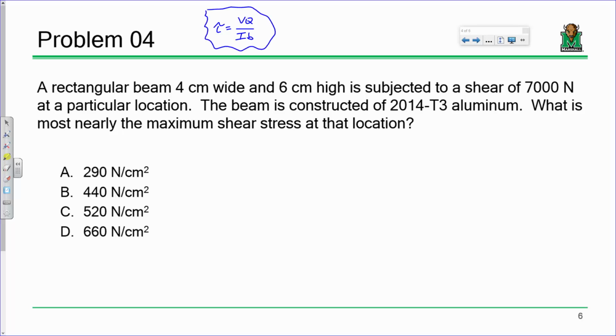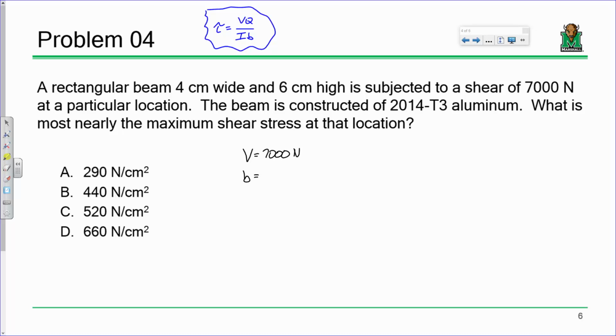Now, most of this is pretty plug and chug. The V is 7,000 newtons. The b is going to be the beam width. So if you have a beam, and it's got some loads on it, and you samurai sword or lightsaber through that beam, let's draw it in 3 dimensions.